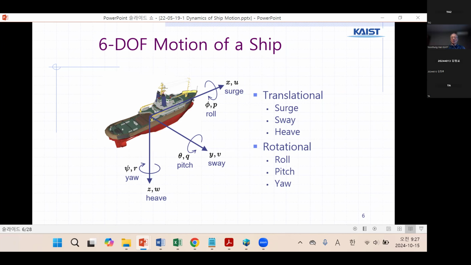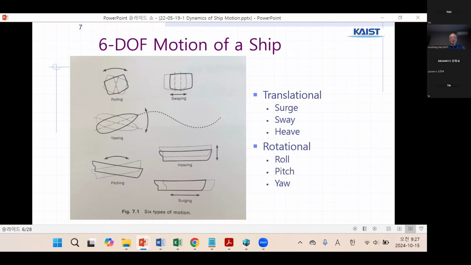There are 3 translational motions and 3 rotational motions covered by Jongno. They have different names, same picture as previous: rolling, swaying, yawing, pitching, heaving, and surging. So same category of translation and rotation, different views.